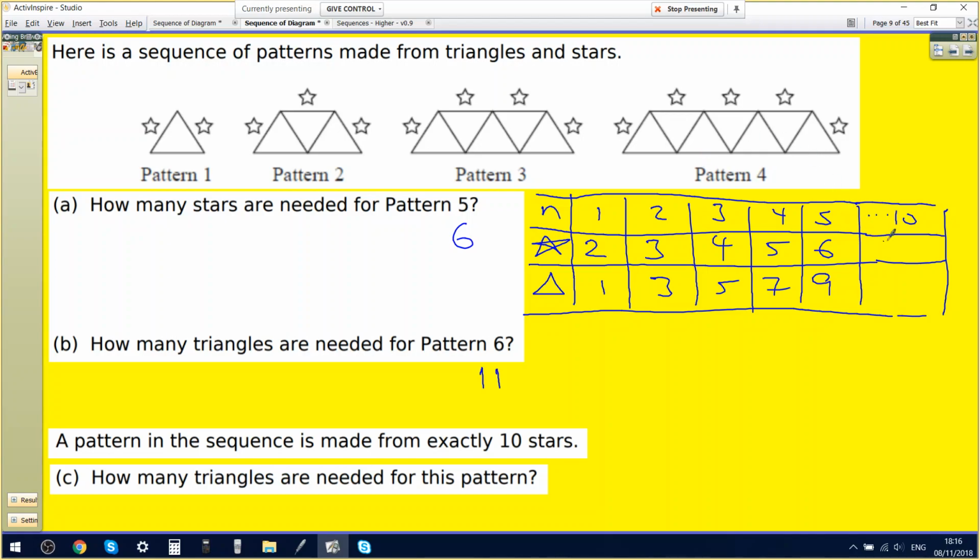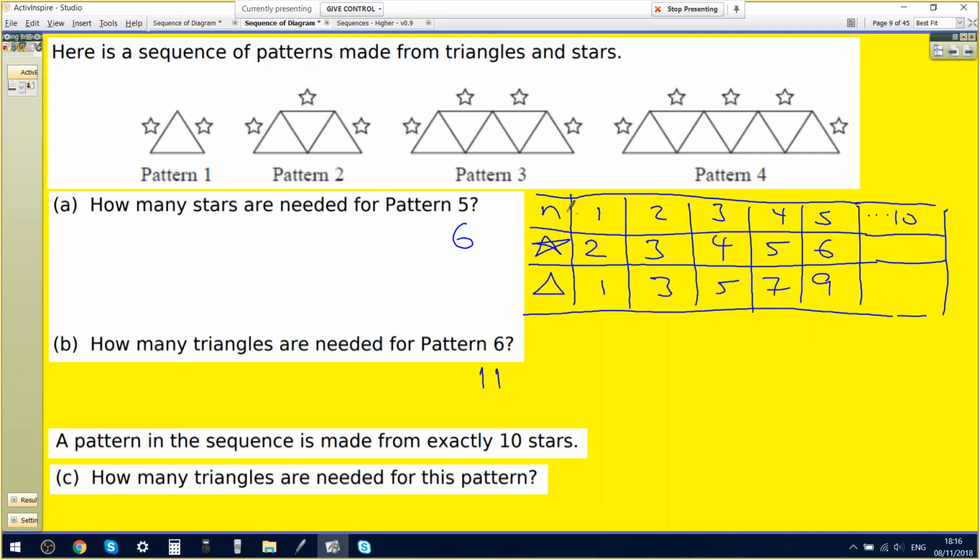And so how many stars would be in pattern 10? 10. No. The pattern number. 12. No. What's the connection between the pattern number and the number of stars? It goes up in 1. So you're looking at it across. Look at it going down.